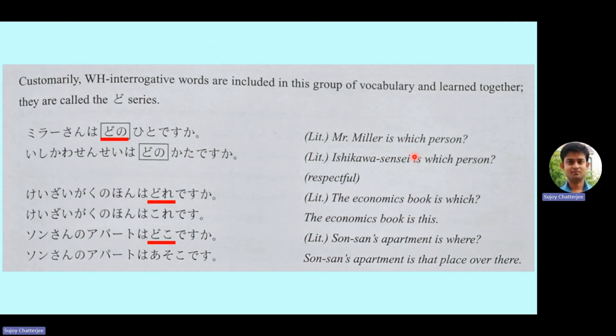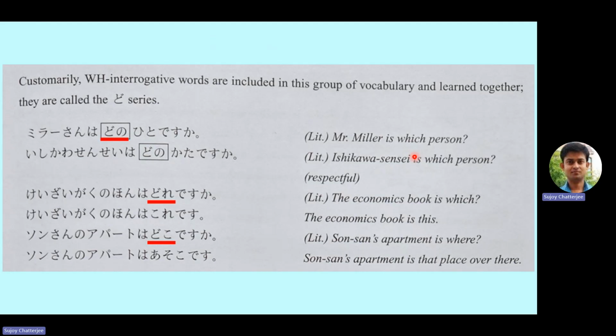Then koko, soko, asoko will have doko, that means where. Dore means which, and dono means which person, and doko means where.